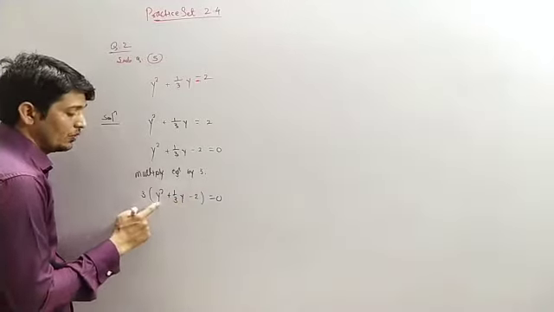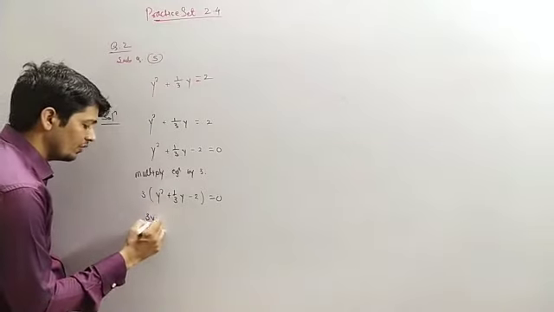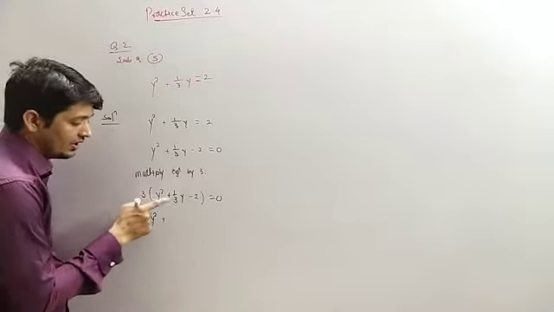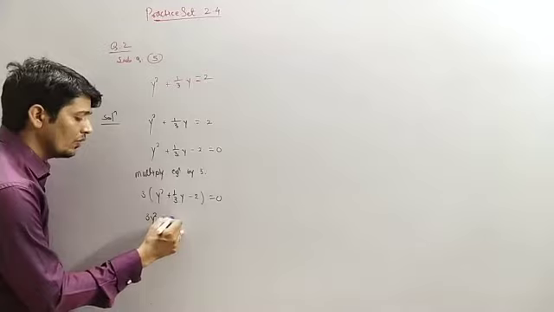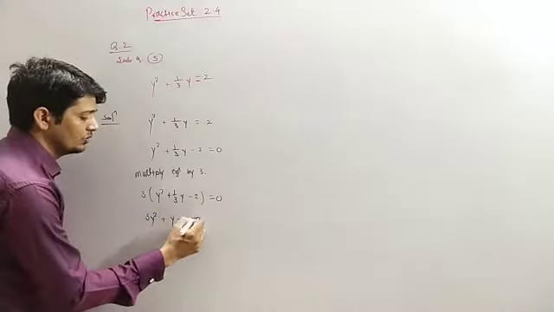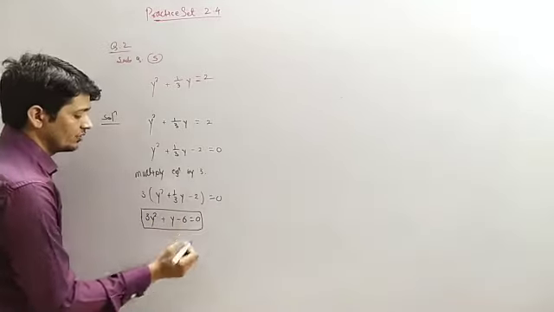So we are multiplying the whole equation by 3. So 3 into y square is 3y square plus, if we multiply 3 to this portion, 3 and 3 will get cancelled, so we will have only y, minus 2 into 3 is 6, equals 0. So this is the quadratic equation now that we can solve easily.